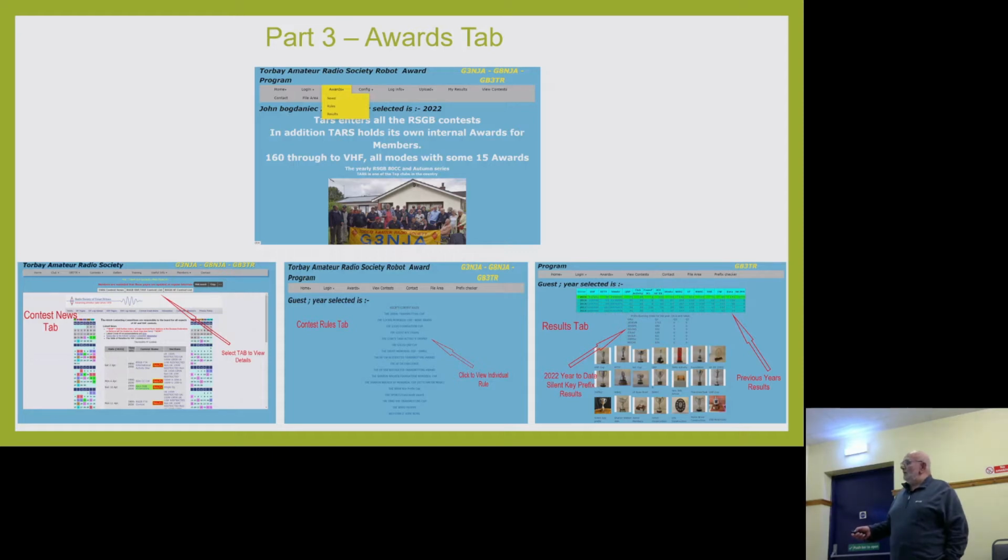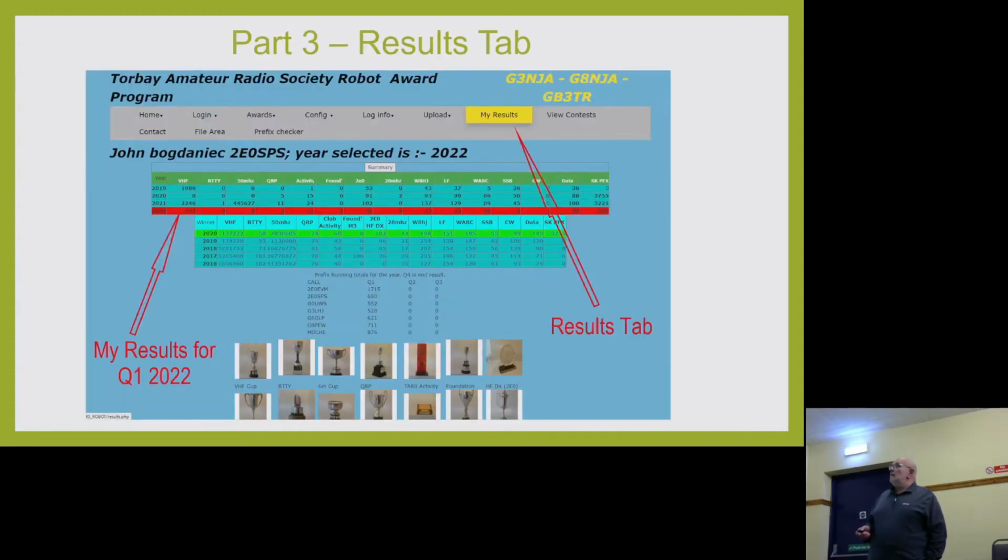It's not very clear, but basically it just gives you the scores for each of the various awards here. When you click on my results, this is my results for me personally. So here you see the year is 2022, and this is what I've scored so far under these different categories.